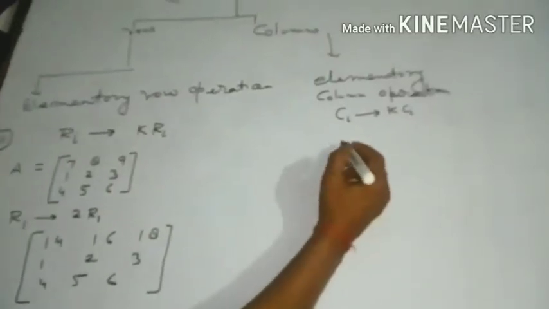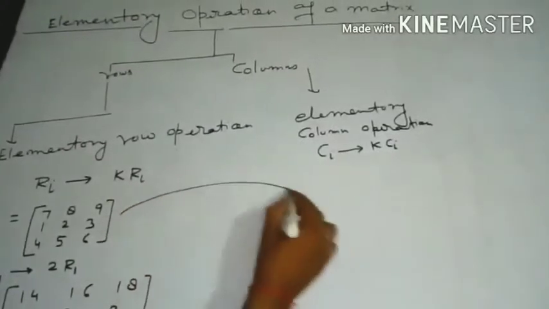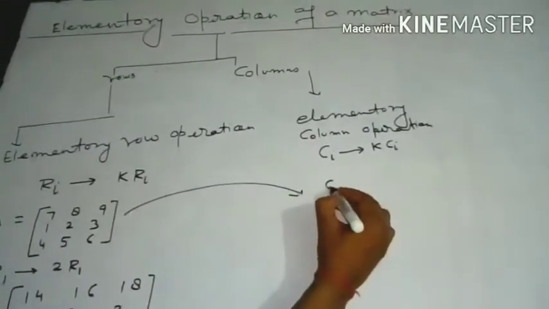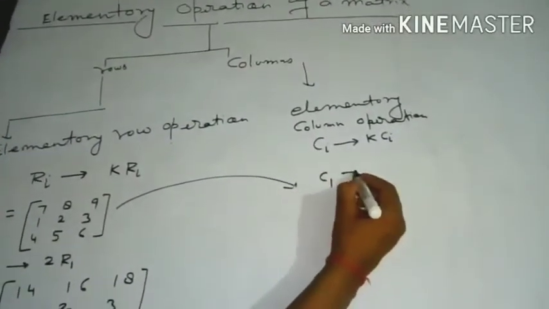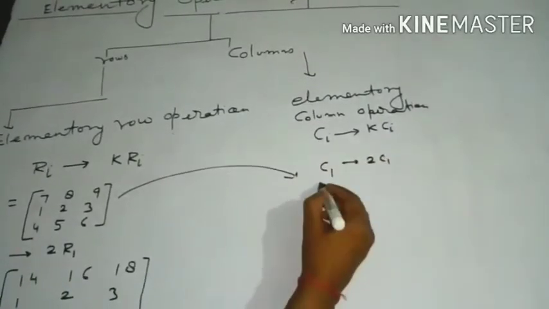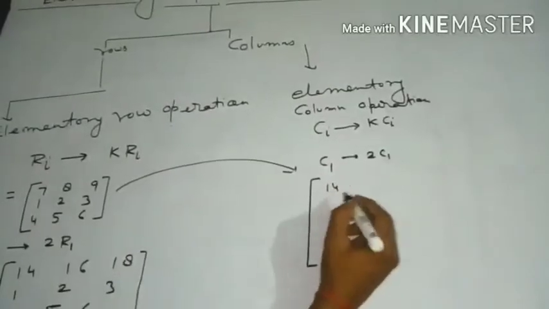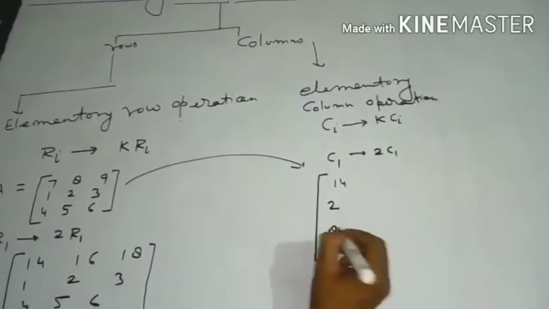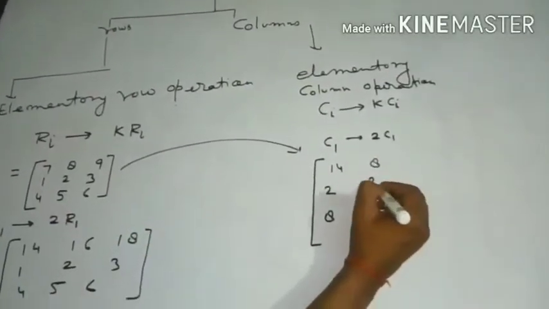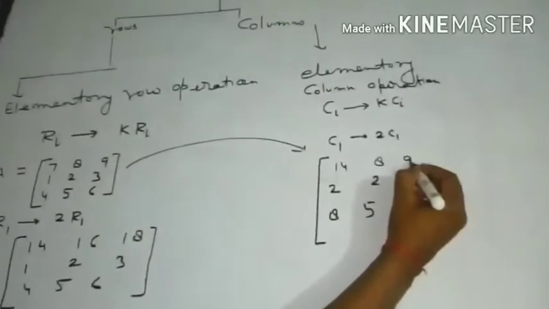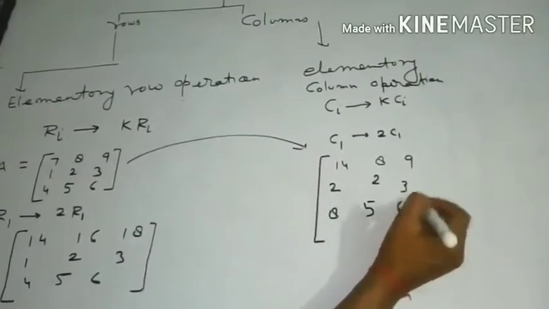In a similar way, for the same matrix, if we find 2 times C1, then this becomes 14, 2, 8, and then 8, 2, 5, 9, 3, 6.